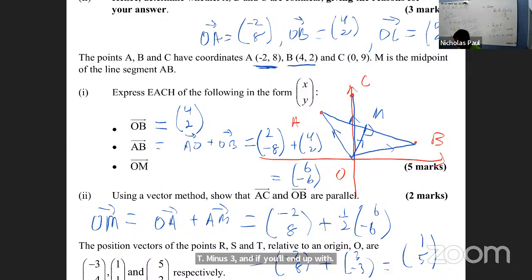Correct? M is in the middle of the whole line AC, right? So you're finding half of 6 minus 6, which is 3 minus 3.